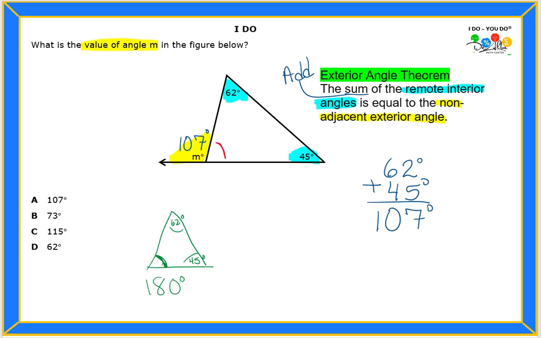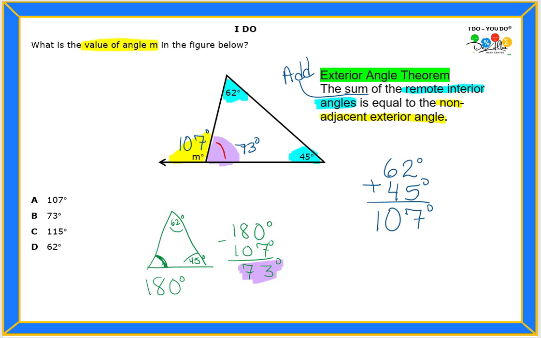But I said that all three should be 180. Therefore, we're going to subtract 180 minus 107. Is that right? And that will give me what? 73 degrees. Okay? So that means that this angle on the inside, that angle right there, is equal to 73.